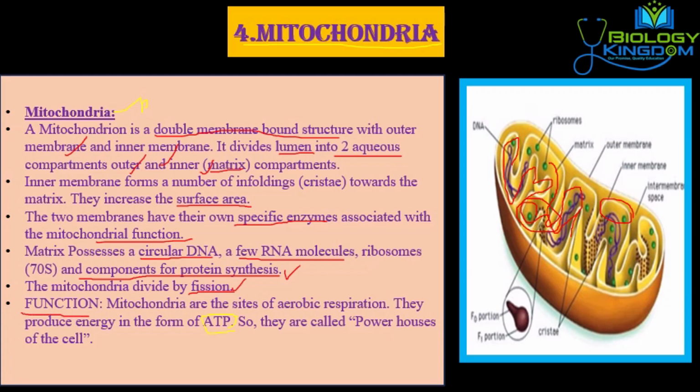So the major function, as I have just now said, is that it is the powerhouse of the cell. The reason is it acts as a site for aerobic respiration and it produces energy in the form of ATP.